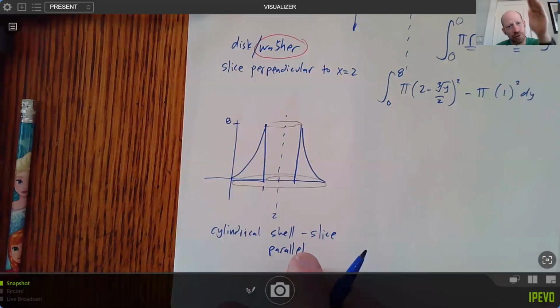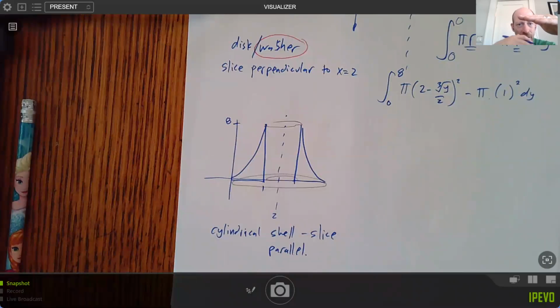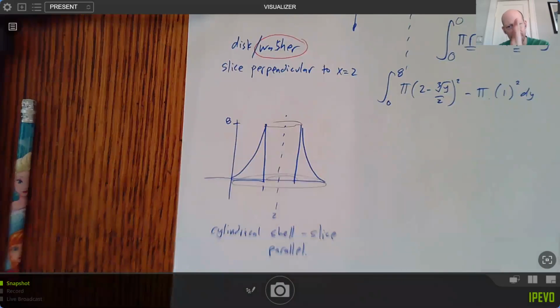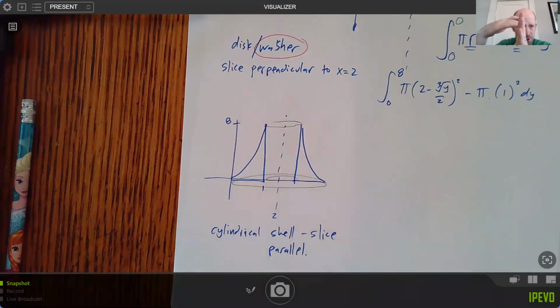If your axis of rotation is horizontal, then the washer would be a dx and the shell would be a dy. Here my axis of rotation is vertical, so my washer is dx and my shell is dy. Okay, so it's not that always one is dx and one is dy. It just depends on which direction our shape is.